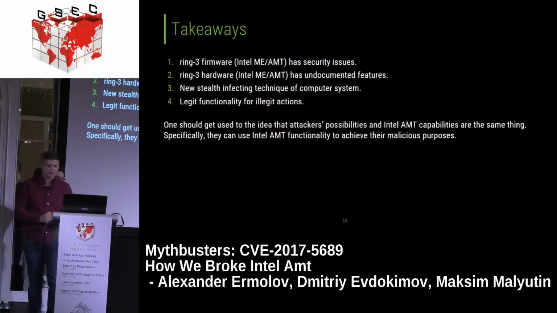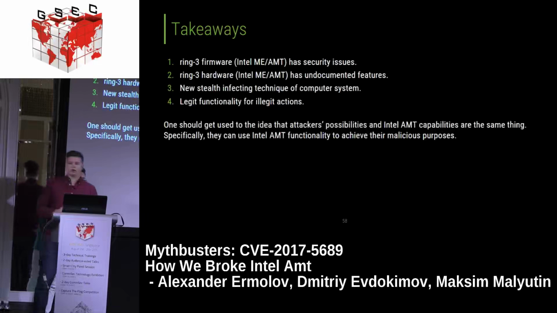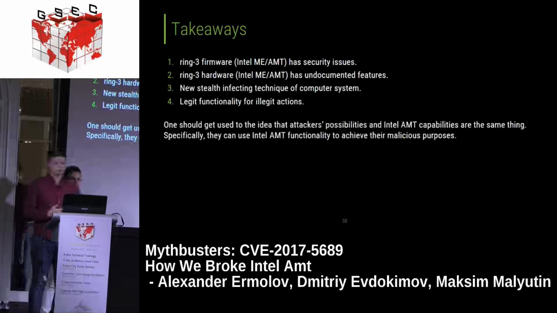So, takeaways. We have established today how easy it is for an attacker to exploit our vulnerability in the Intel AMT web server. We also showed you how an attacker can activate and deactivate Intel AMT on vPro and non-vPro systems through undocumented features.